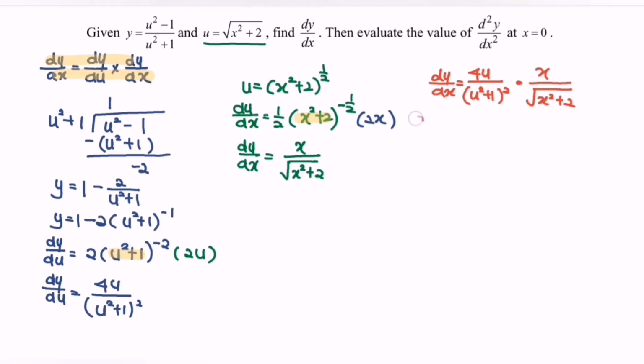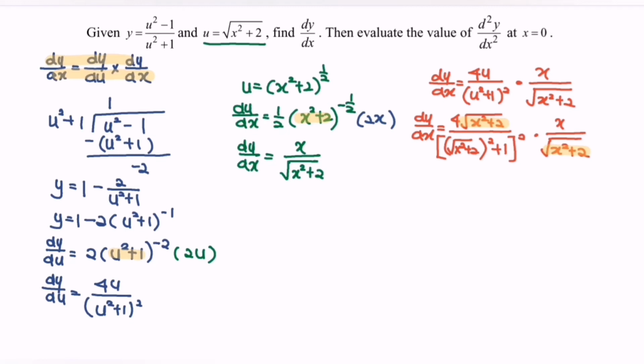So in here we will have dy/dx equals 4 square root of x squared plus 2 over square root of x squared plus 2 bracket squared plus 1, then squared, multiplied with x over the square root of x squared plus 2. Now we can simplify.